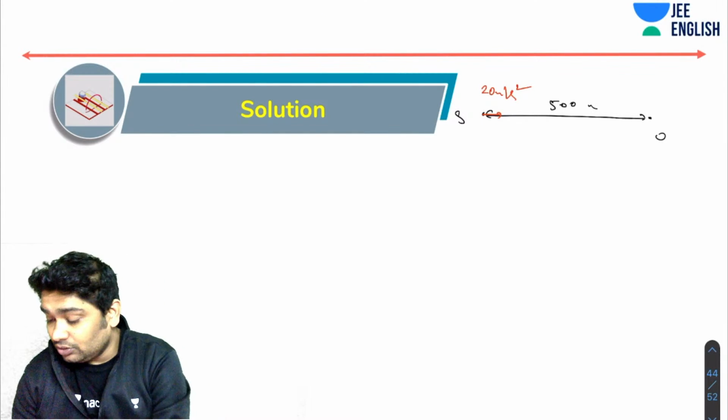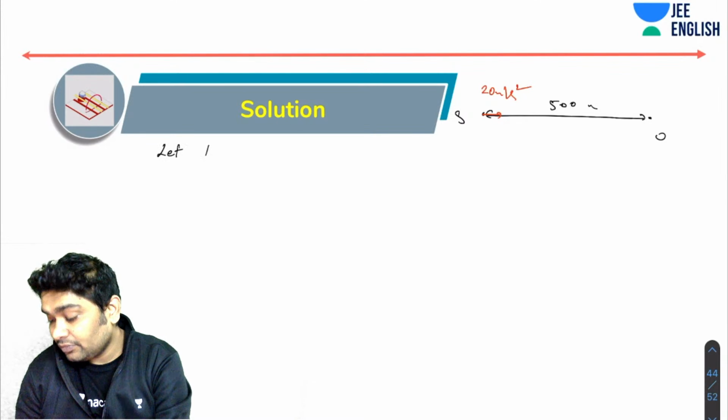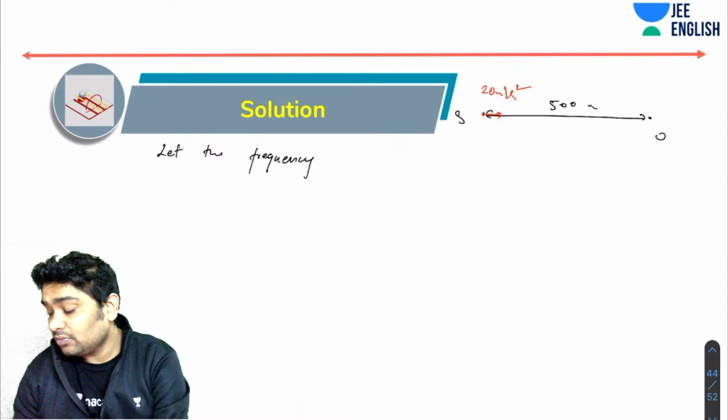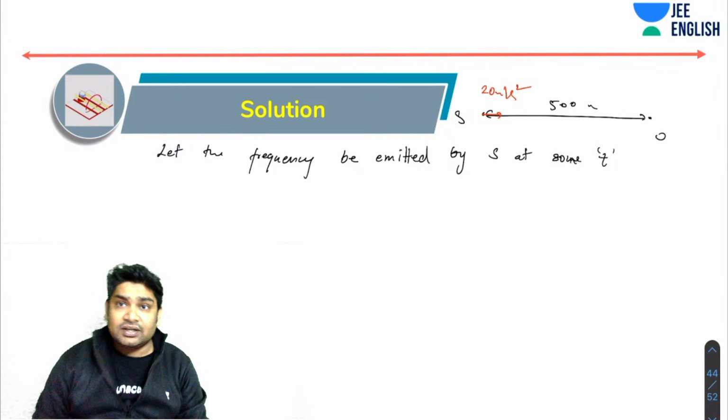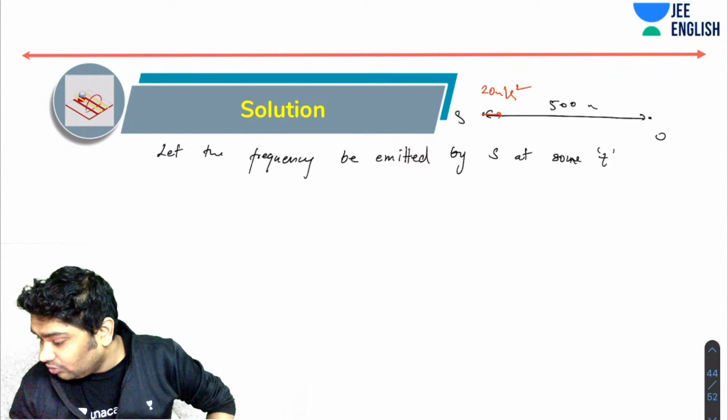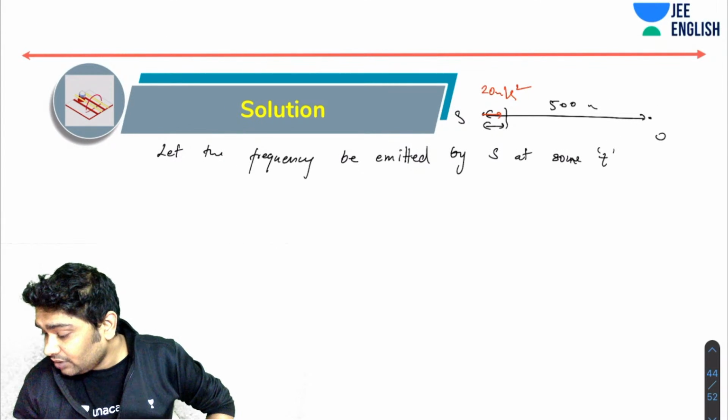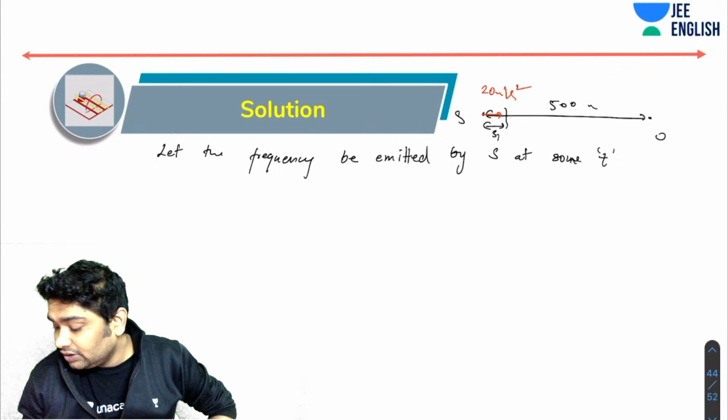So let's assume that the frequency was emitted by the source at some time t. In time t, it would have moved a distance of S1, therefore S1 would have been equal to 10 t square.